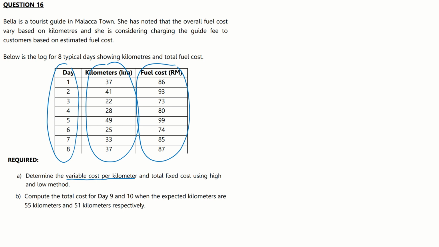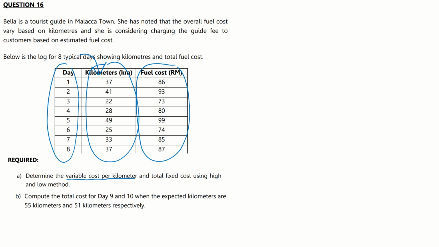For the high-low method, if you still remember, we need to identify the highest activity level. In this case, the activity level is represented by kilometers. By looking at the kilometers column, determine the highest kilometers. On which day would that be?